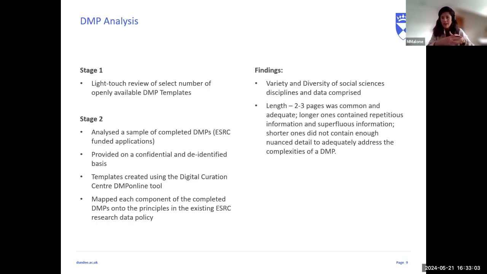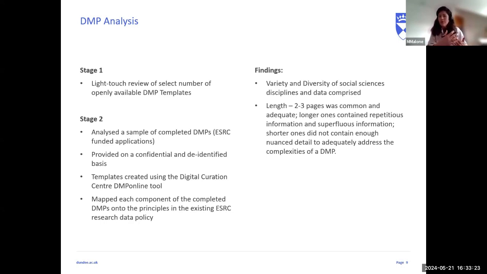So again, just echoing Angela, the 2 to 3 pages was common and adequate. There was a quite timely change from the GES system to the UK funding service system. And at that time, there was a very drastic change down to a 500-word DMP, which all of you in the room now will consider way too short.